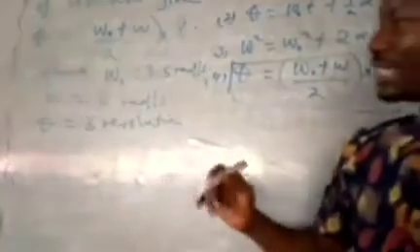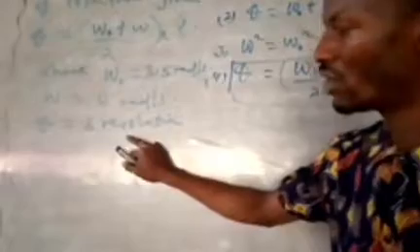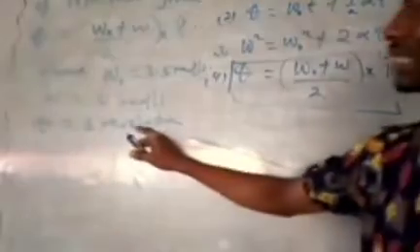Angles can be measured in degrees, in radians, in revolutions, and the rest, but the chosen standard unit is radians. So we convert revolutions to radians, because 1 revolution equals 360 degrees, and 360 degrees equals 2 pi radians. So 1 revolution equals 2 pi.